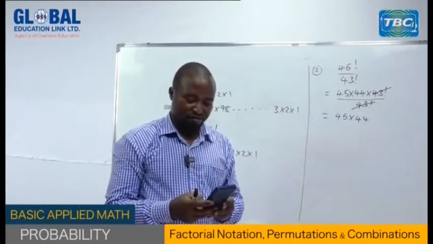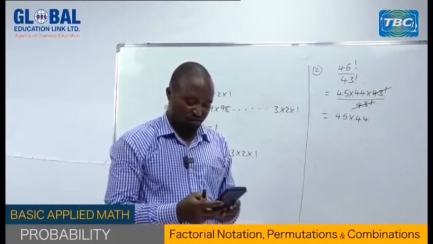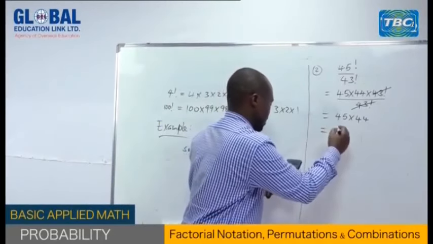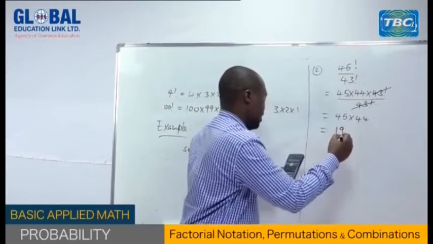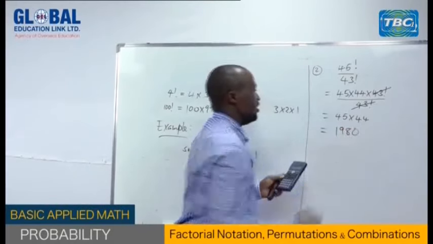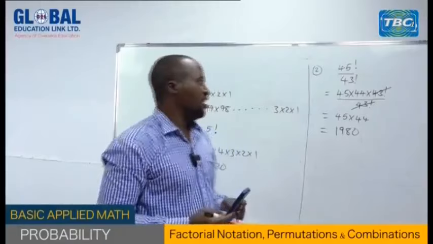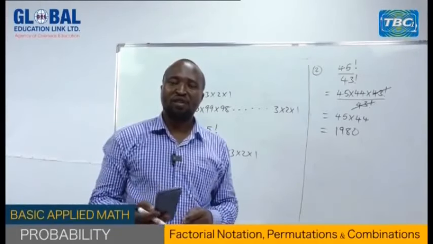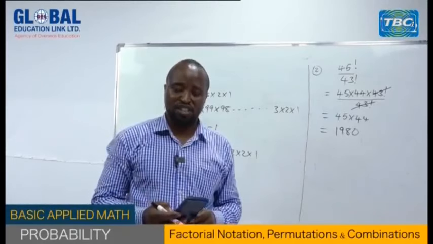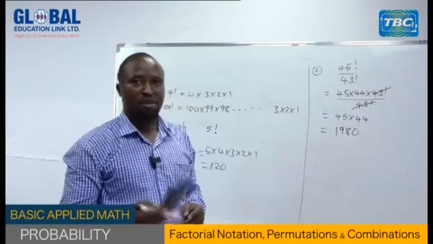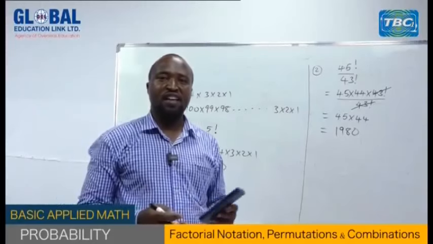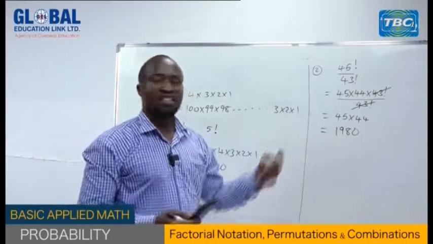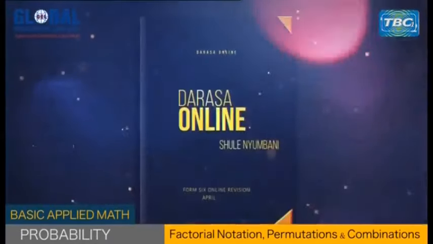That is 45 times 44. The answer will be 1980. But again, you can go straight by using your scientific calculator as a function for factorial notation.